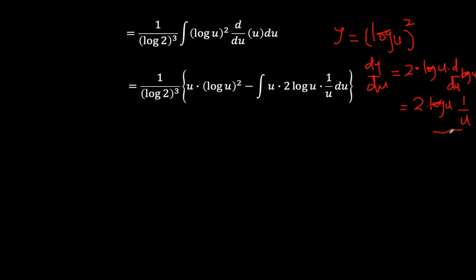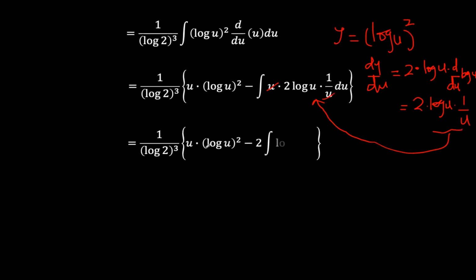And this is exactly what our d capital U is. Put it here, right? Now, as we can see, this u and this u would cancel each other. And so we are left with 1 over natural log 2 cubed, in brackets u times natural log u squared minus 2 integral log u.